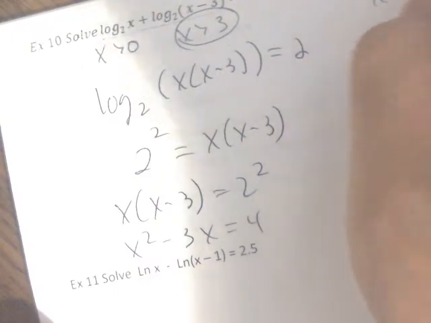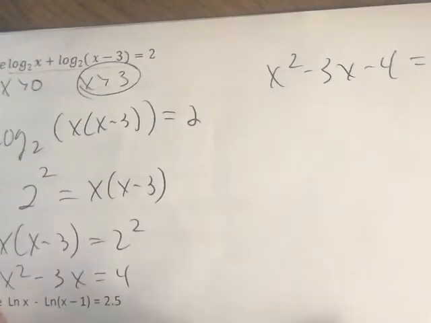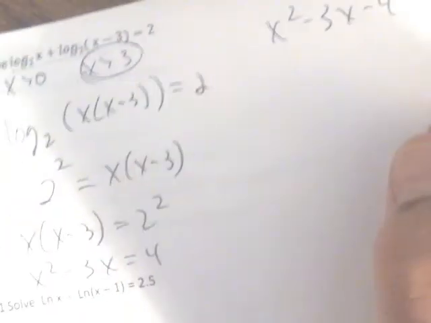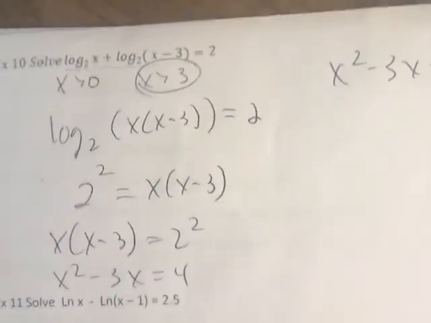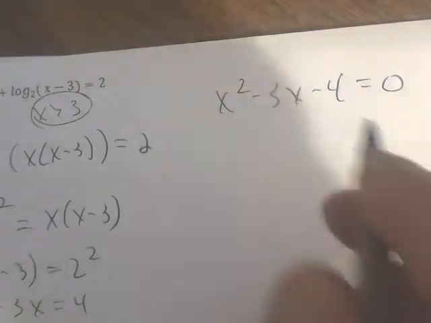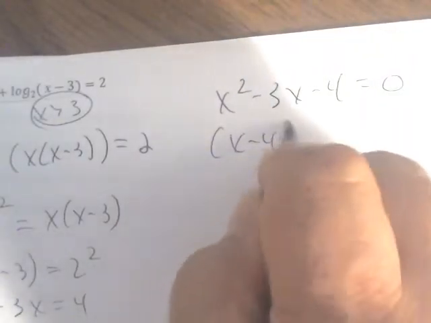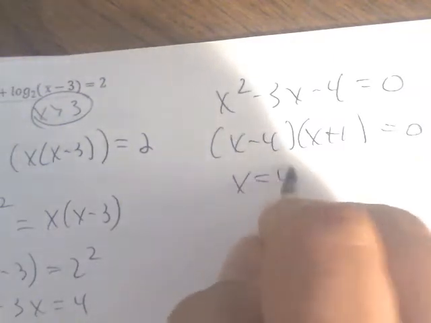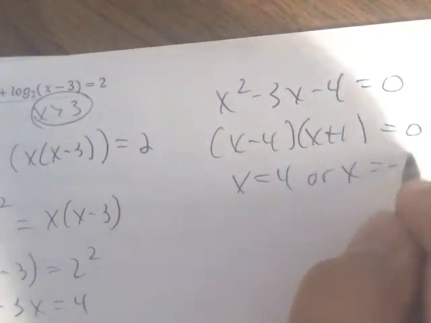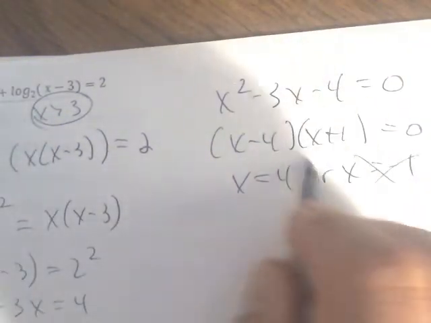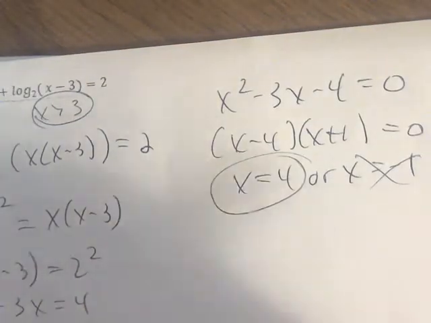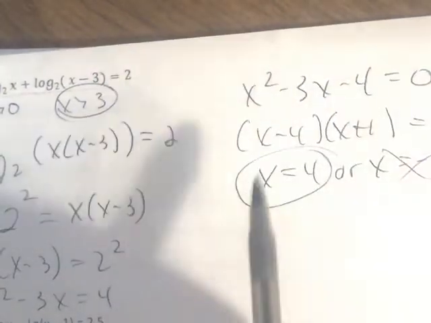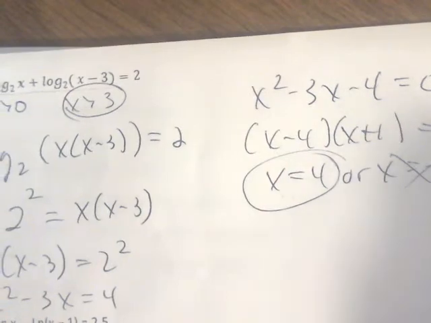Subtract 4 from both sides. Factor. Oops, mess up my high-tech camera here. X minus 4 times x plus 1 is 0. Solve, so x is 4 or x is negative 1. Negative 1 does not satisfy my domain, so therefore 4 is the only solution.